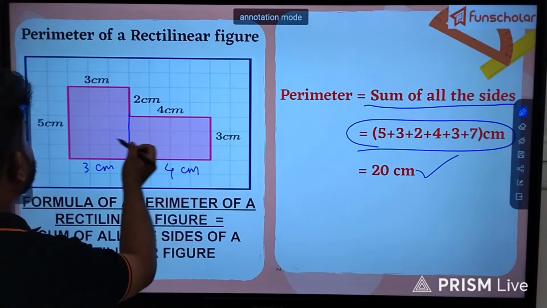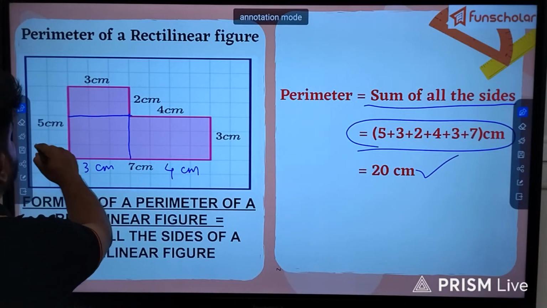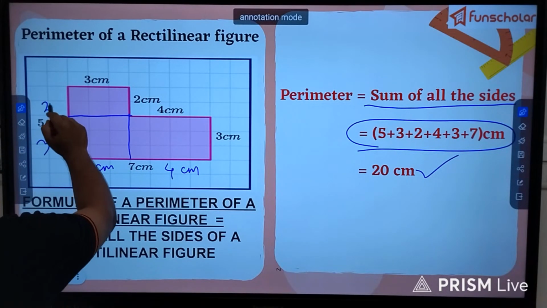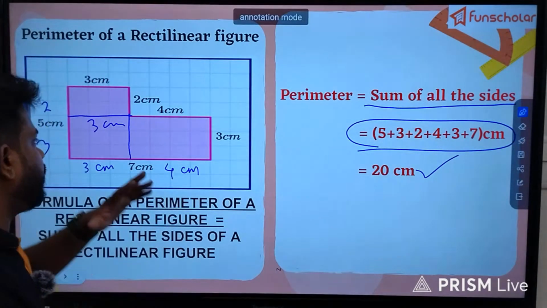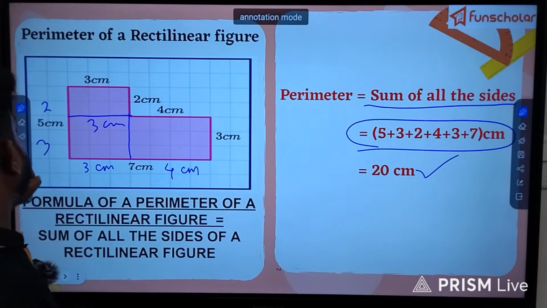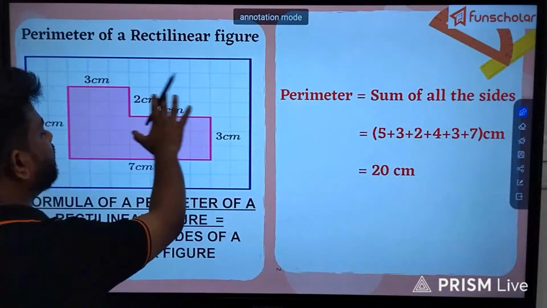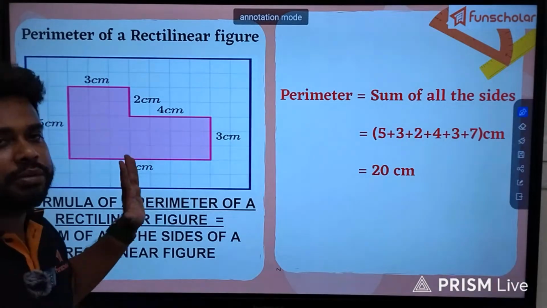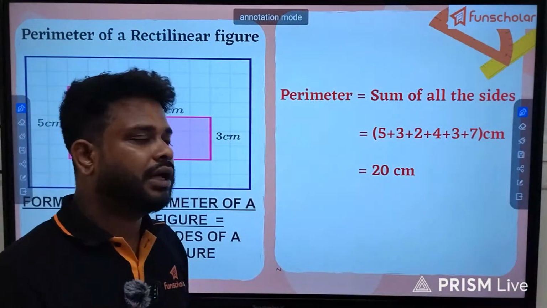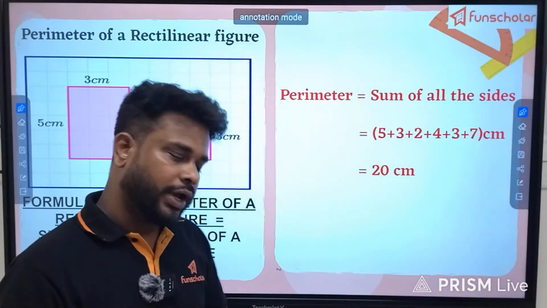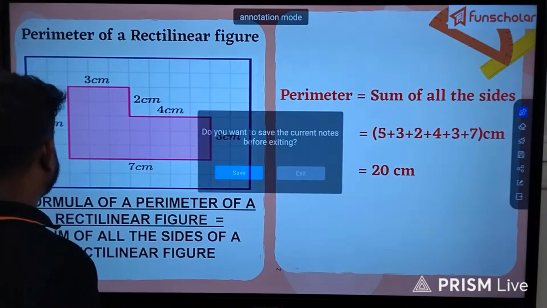This one is 3, this one will also be 3. If this one is 3, it will be 2 and it will be 3. If you want to break it down, it will look like this. But we have been told all the lengths of its boundary, so we have just added them to find the perimeter or the sum. Okay, let's go next.